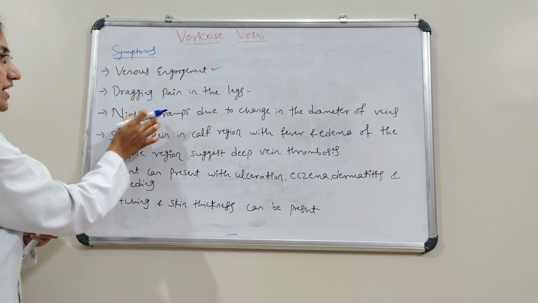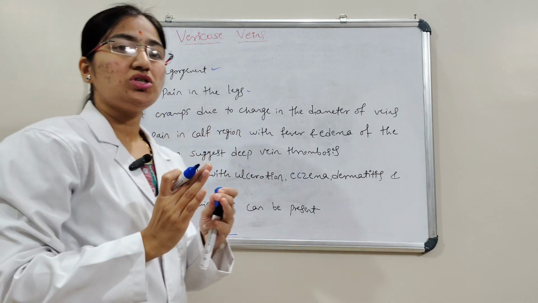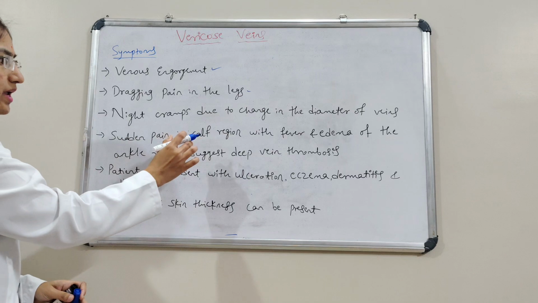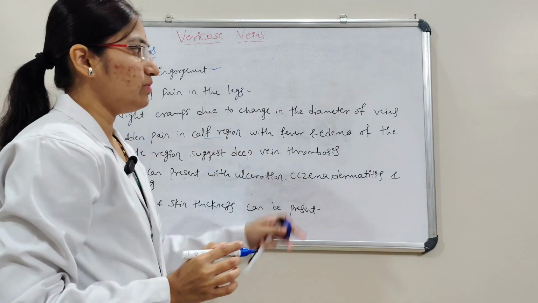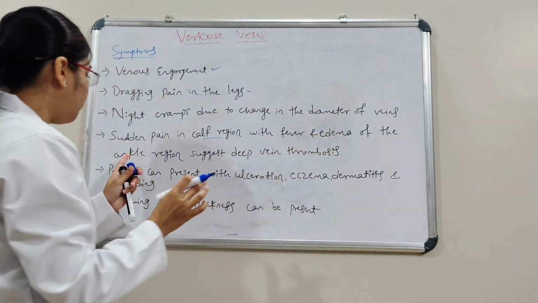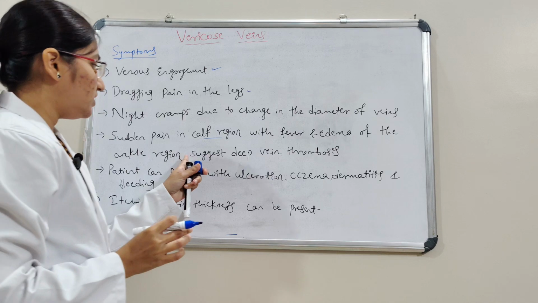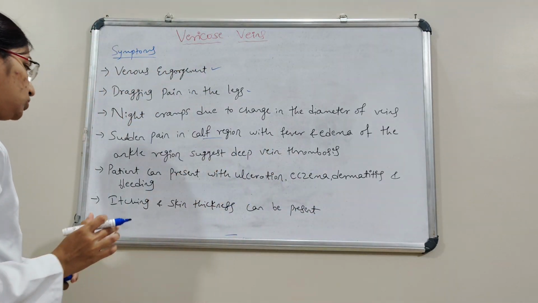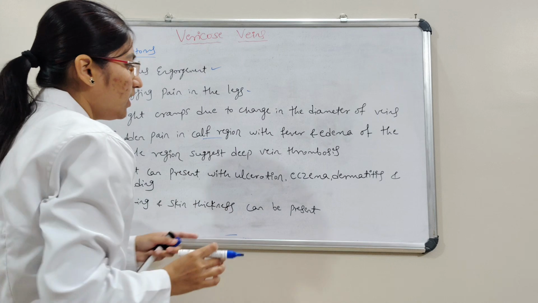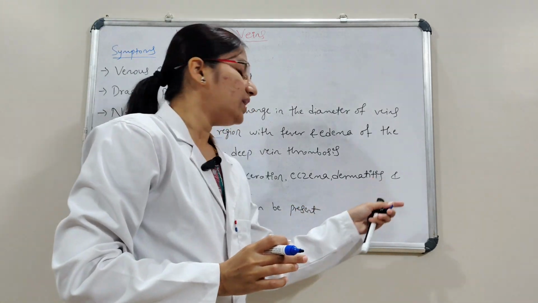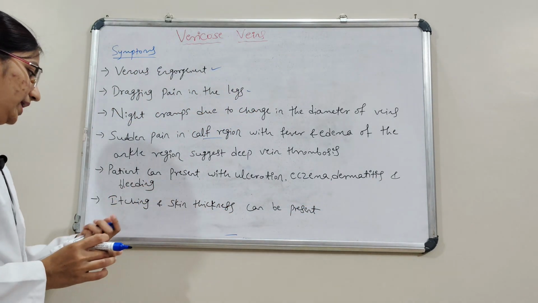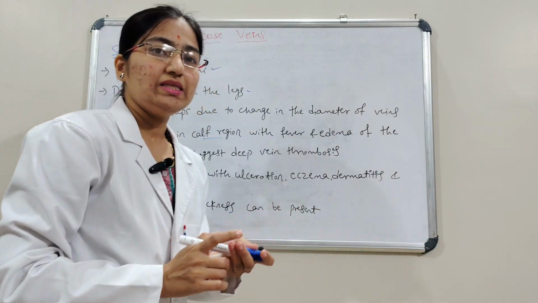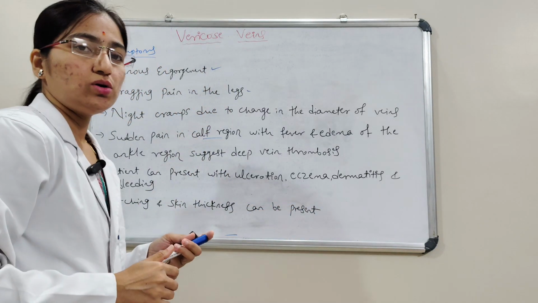Night cramps, that is due to the change in the diameter of veins, and then sudden pain in the calf region with fever and edema of the ankle region. This suggests deep vein thrombosis. The patient can present with ulceration, eczema and dermatitis, and also bleeding, and then itching and skin thickness can be present. These are the symptoms of varicose veins.